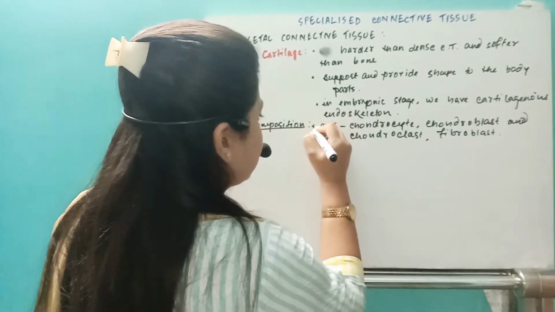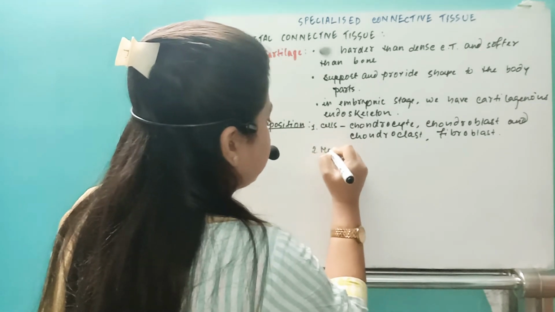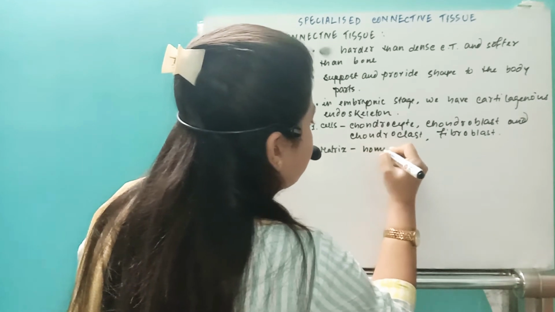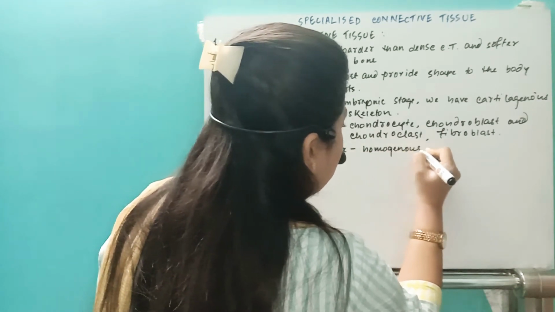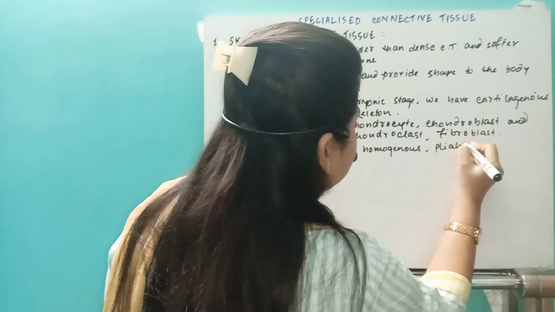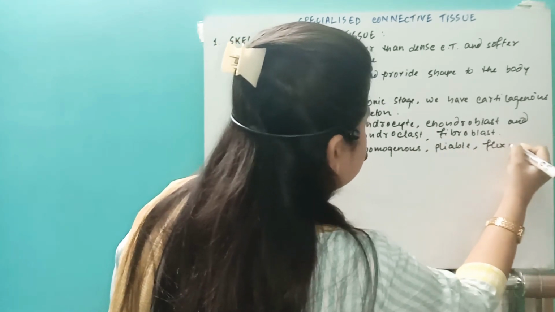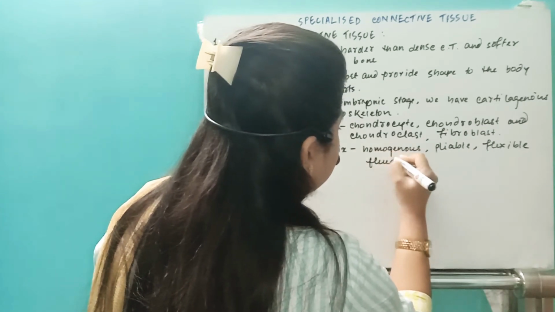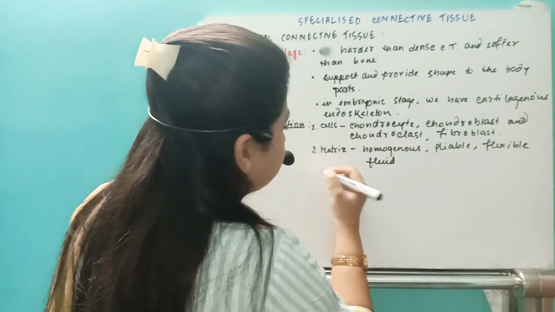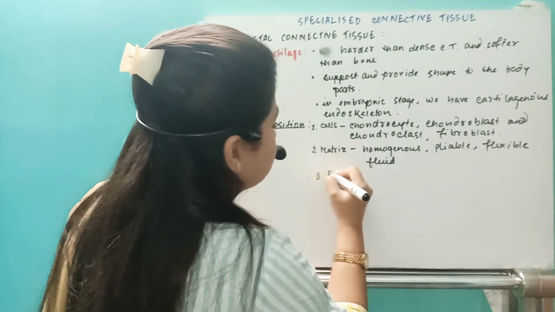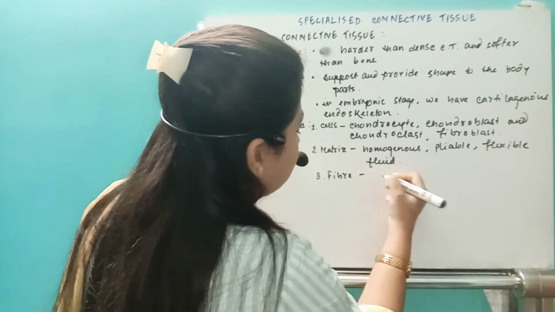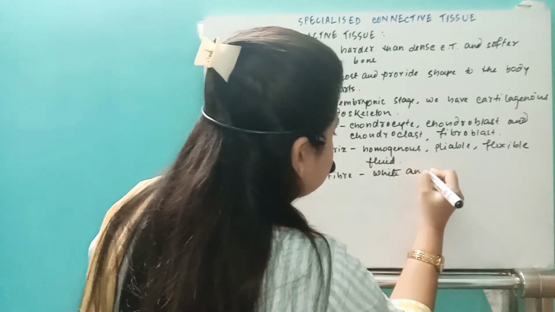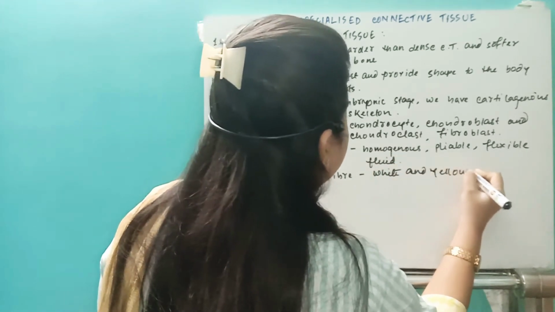Then the second component is the matrix. This matrix is homogeneous, pliable, that means flexible, fluid. And the third part is the fiber. That fiber is of two types, both white and yellow fibers are present.